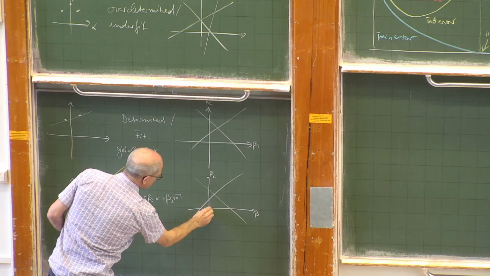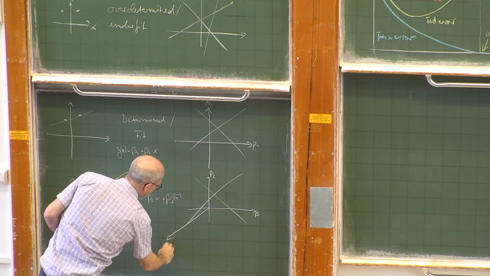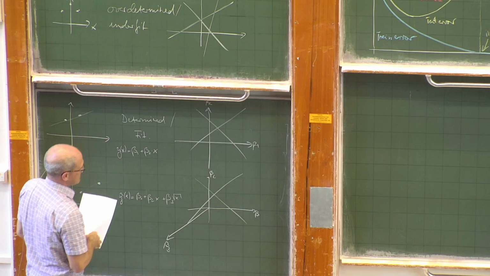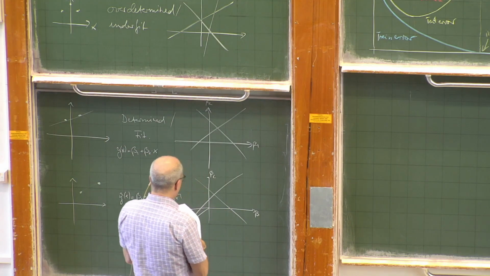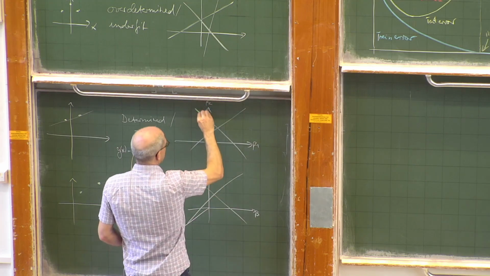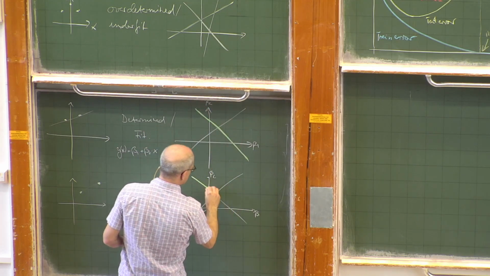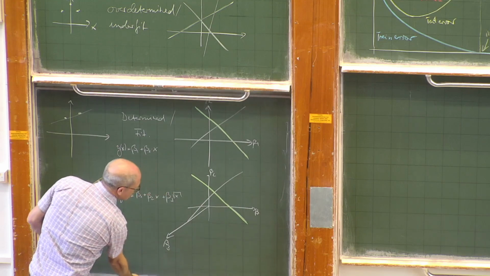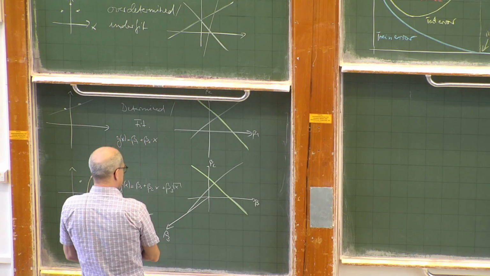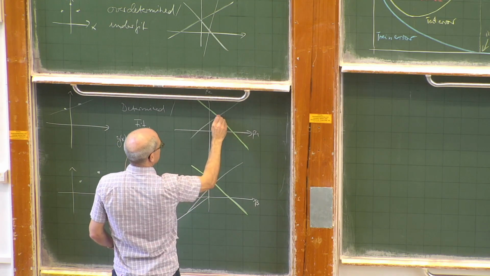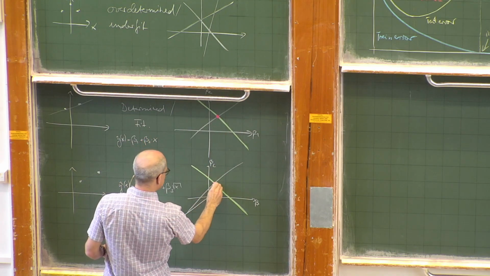But I also have this new axis now. I have a new axis beta 3. And now my first line here in 3D space becomes a plane. Let's say this is a solution. This is where they intersect.